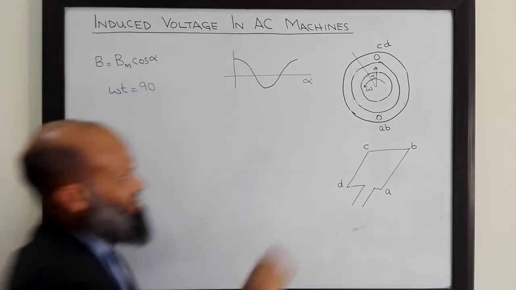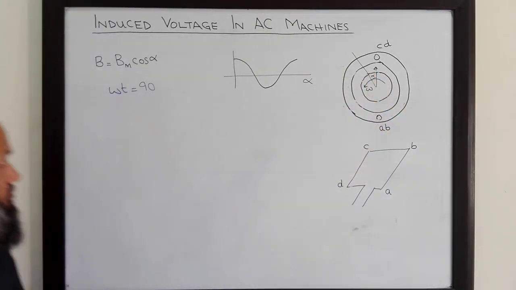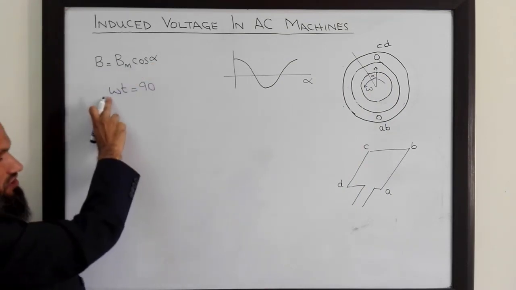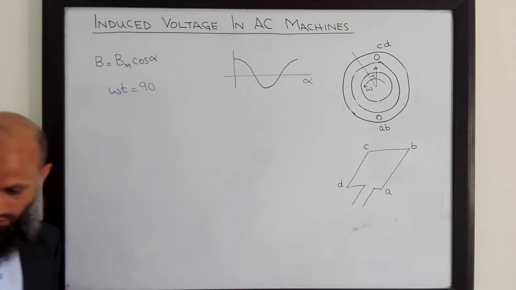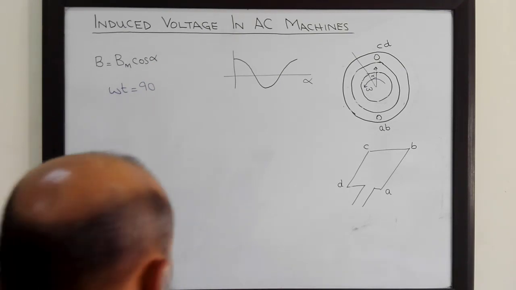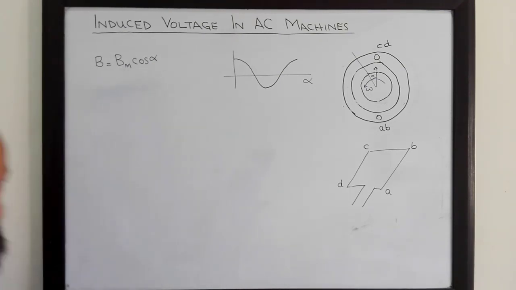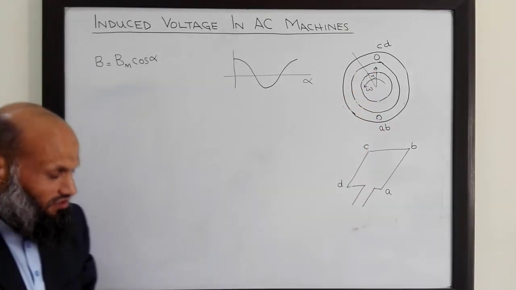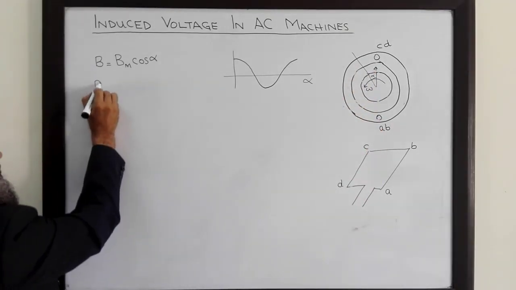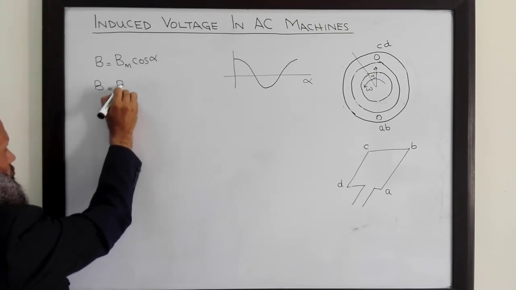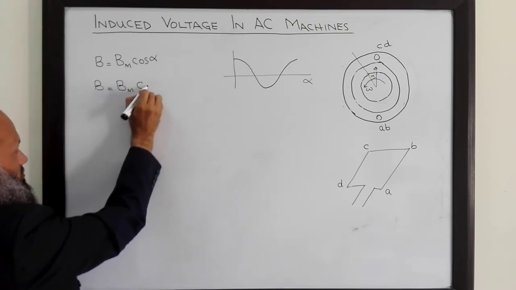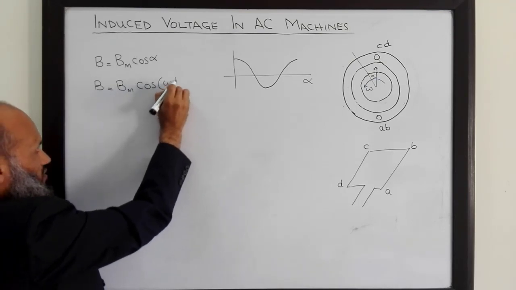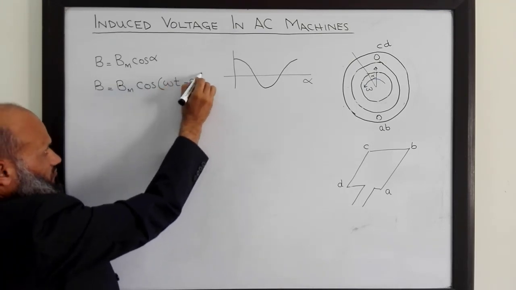So flux density in the air gap is not only a function of this angle alpha, but is also a function of time. Therefore, the expression for flux density in the air gap is given by B equal to Bm cosine of omega t minus alpha.